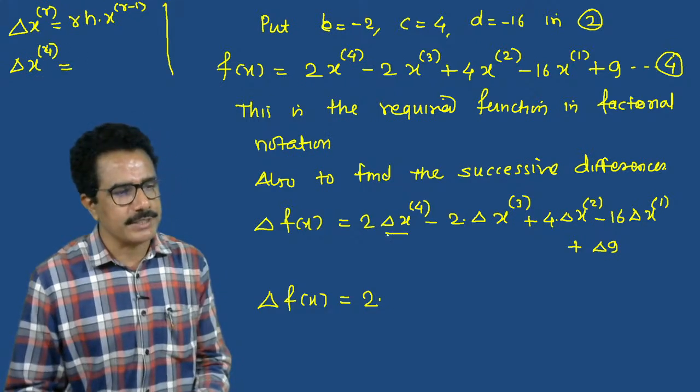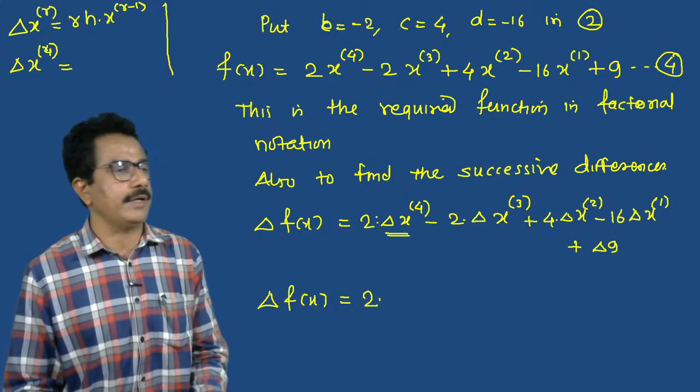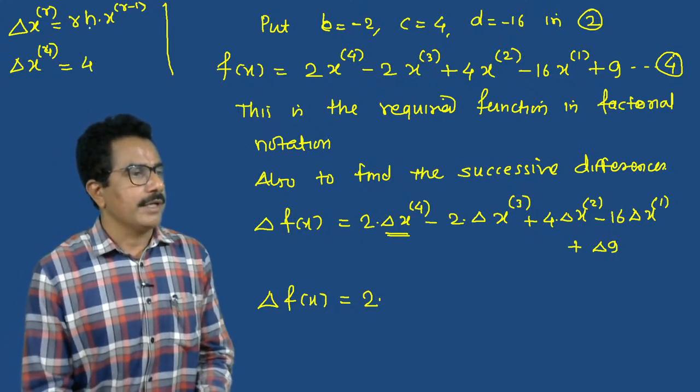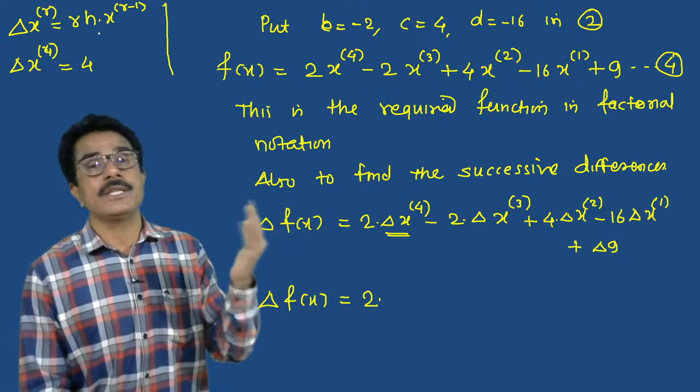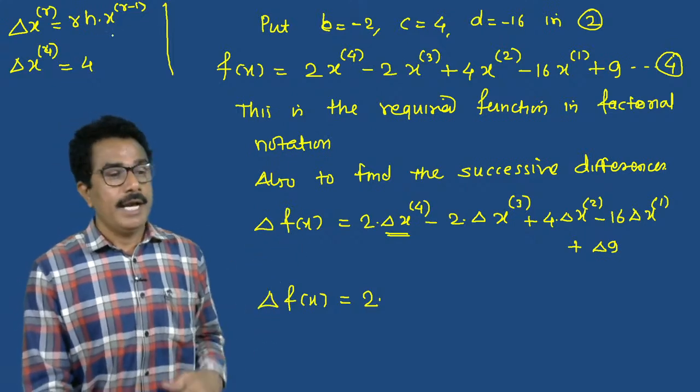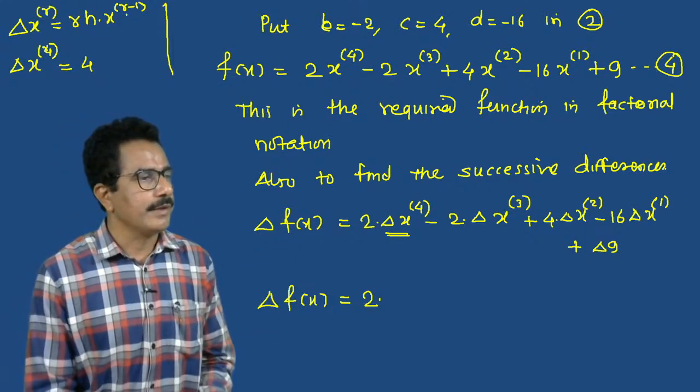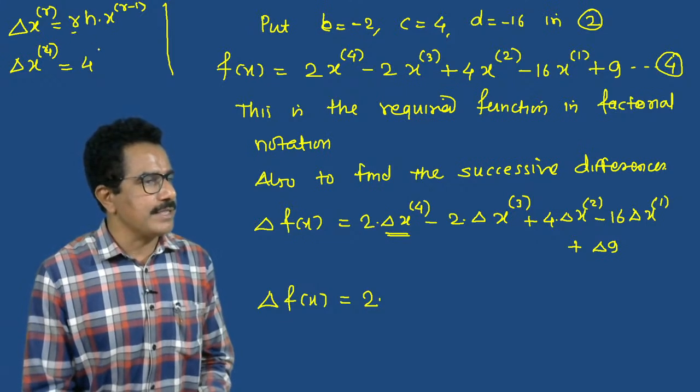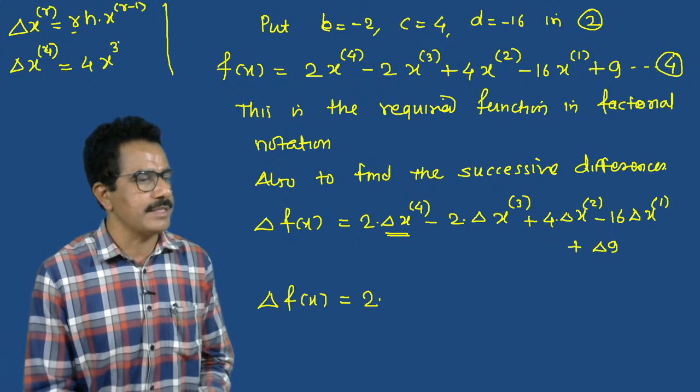How to calculate this? Delta x raised to 4 factorial means 4, the value of h is 1. Tell me students, what is its value? Everyone has to tell. 4 into r, r means here 4 into x raised to 4 minus 1, which means 3.